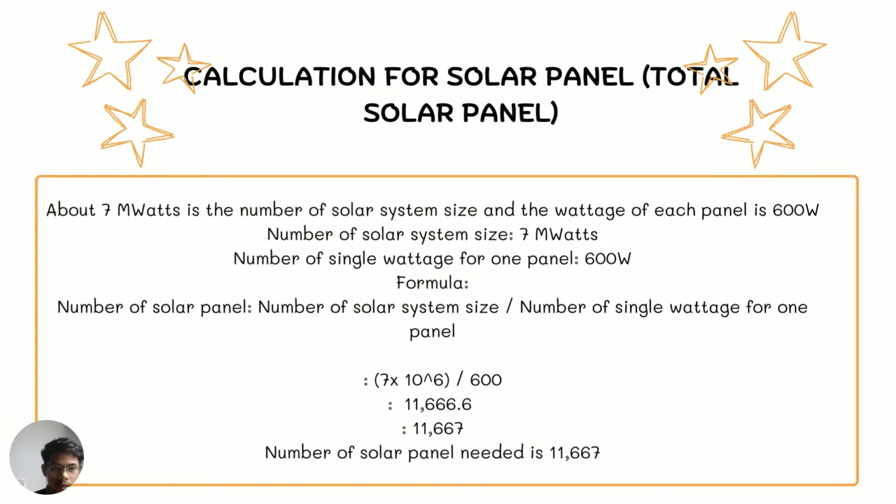Next is the calculation for the total solar panels. This calculation is needed to justify the number of solar panels needed according to the solar system size that is given. As an example, this question gives 7 megawatts as the solar system size and the wattage of each panel is 600 watt.